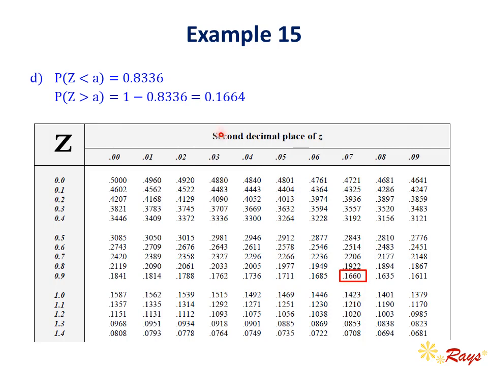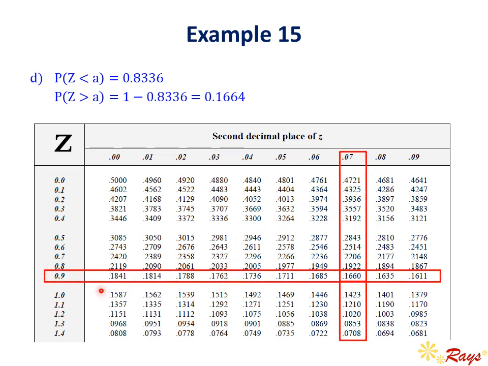So probability 0.1660 is here, and the value of Z or A is 0.97. And since it is at the right area, A is positive.